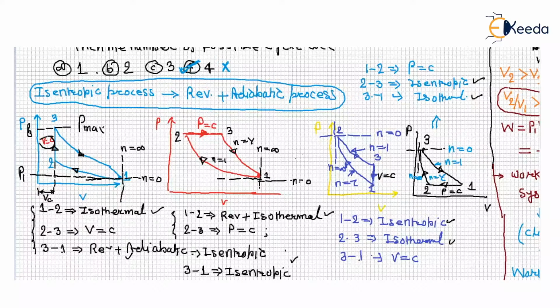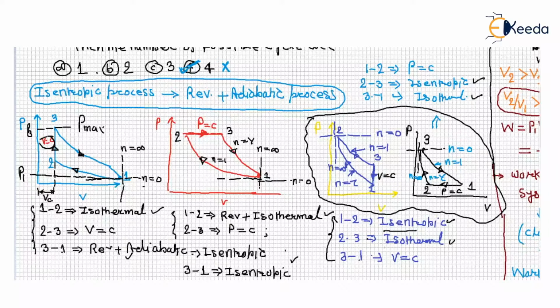So if the constraints are given, these two cycles will not be included. Why? Because these and these, and this and this, they are the same. So the correct option is 2, only 2 cycles.